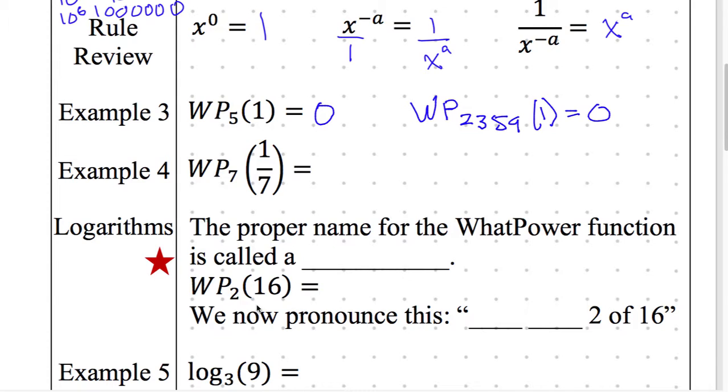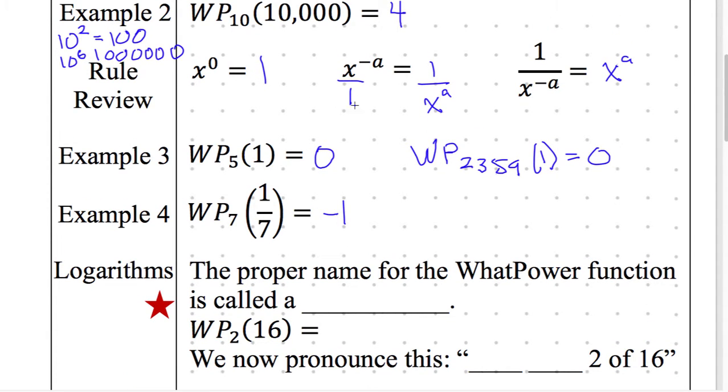Go for it, Fiona. 7 to the what power is 1/7? Is it -1? It is indeed -1. So this is basically saying 7 to the negative first power will give you 1/7, and that is using this rule right here. So it's saying 7 to the -1 is 1 over 7 to the 1, or 1/7.